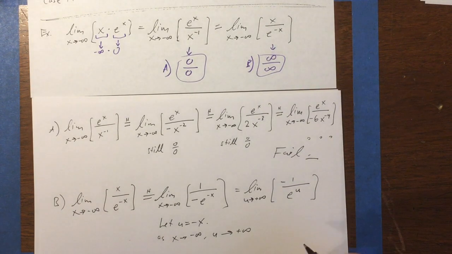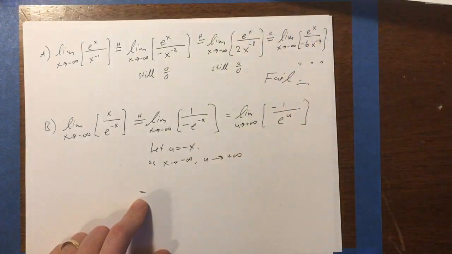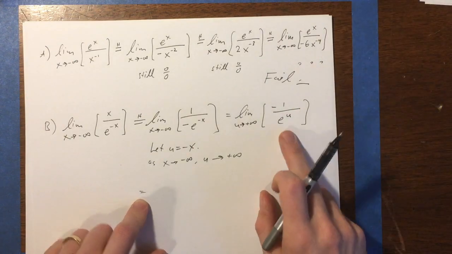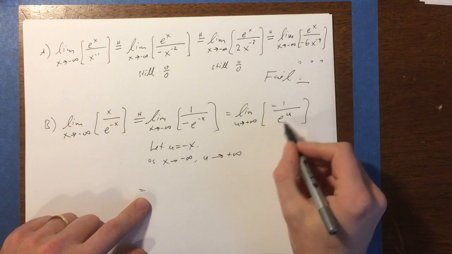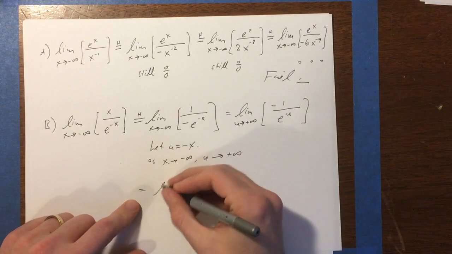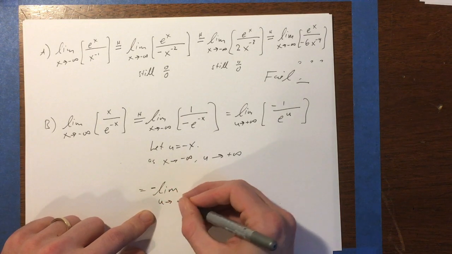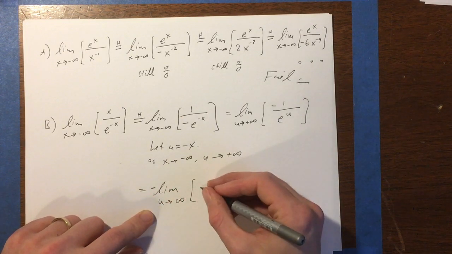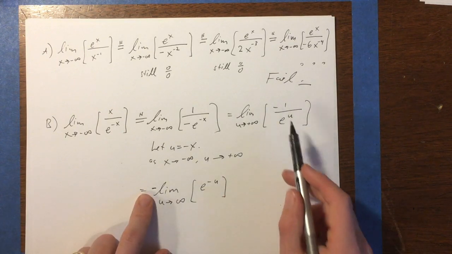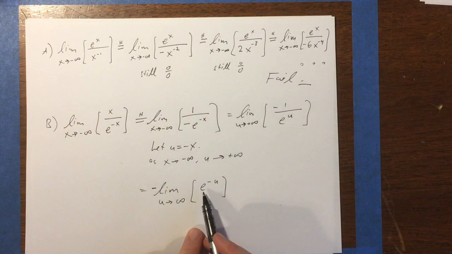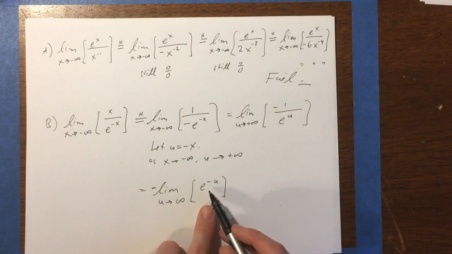Okay, I'm actually going to rewrite this one more time. I'm going to put that e to the u back up in the numerator again. And let's take that negative and pull it out front. So the negative came out front, and then the e to the u has gone up into the numerator, and now it's e to the negative u, right? Like the reciprocal of e to the u is e to the negative u.